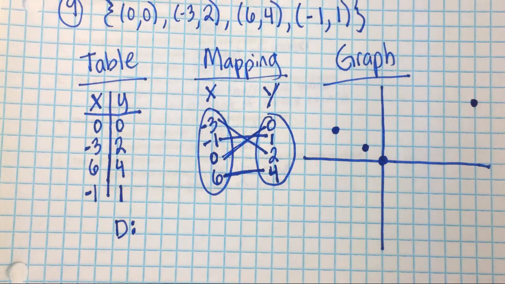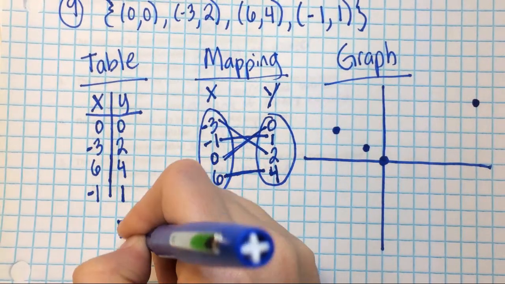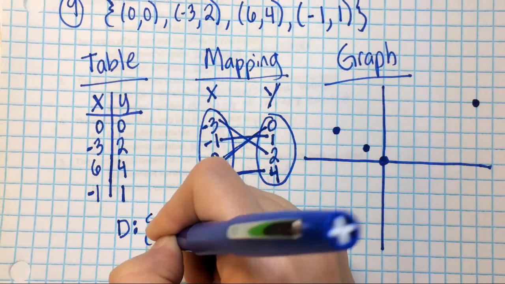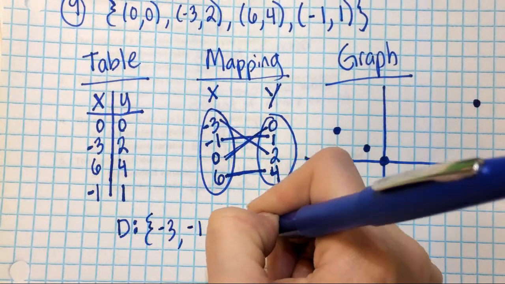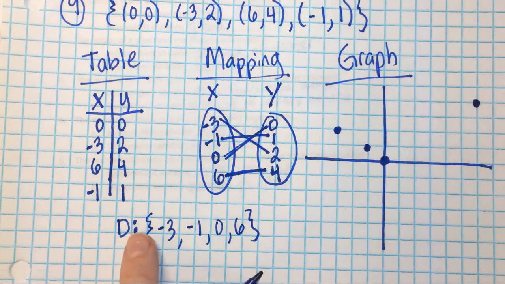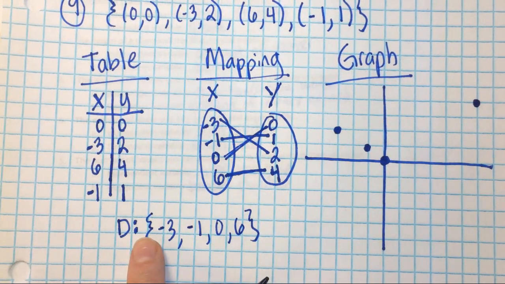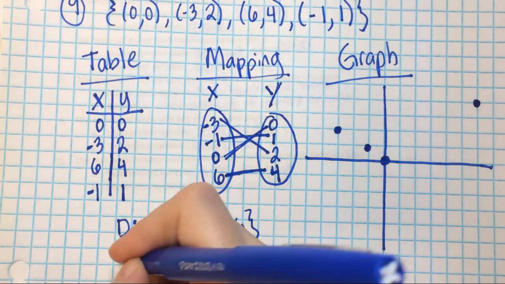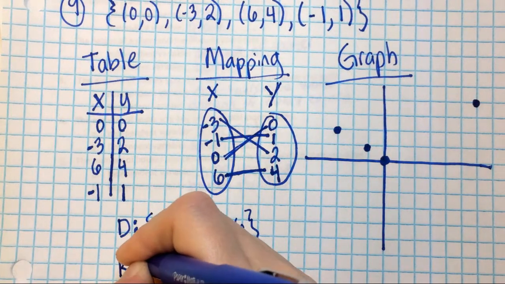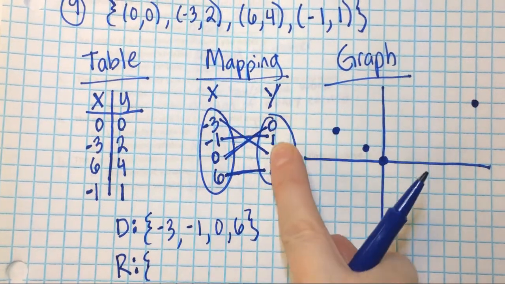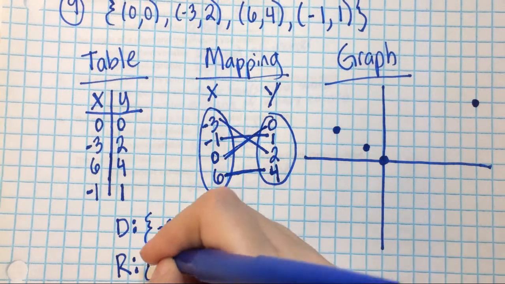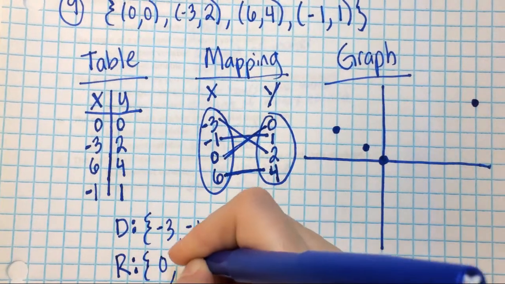So you can just copy the x values. -3, -1, 0, 6. You see how I write D and then colon? That's domain. And then for range, I can write R and then colon. And I can list these y values, least to greatest. 0, 1, 2, 4.